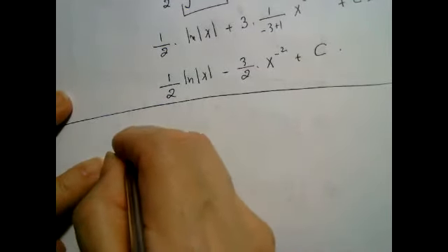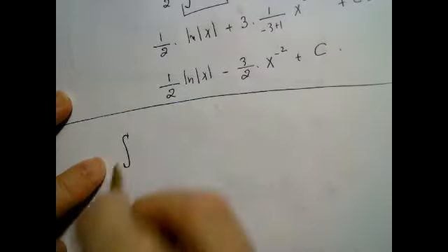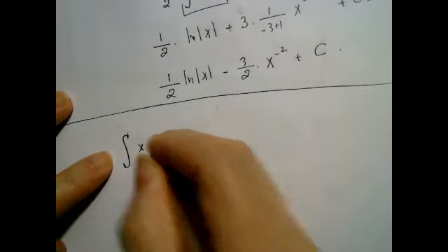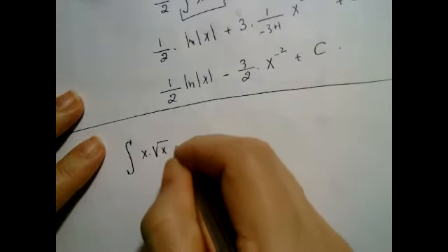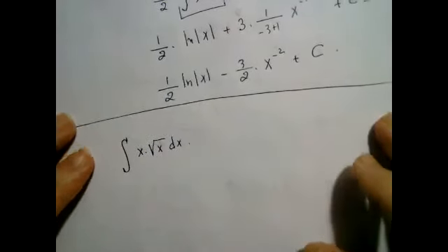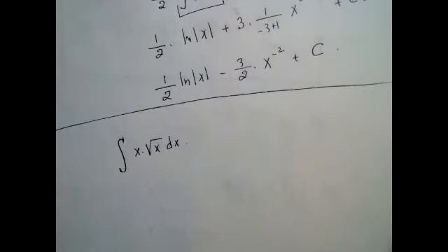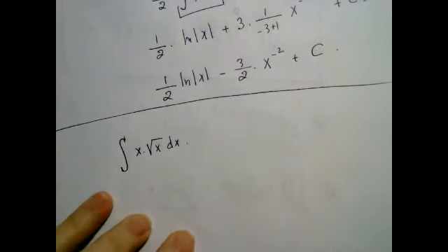Now, suppose I give you the following. Antiderivative of x times the square root of x dx. Let's find the antiderivative of this function. It doesn't look like something we've seen immediately, but what can we do with it to figure it out?